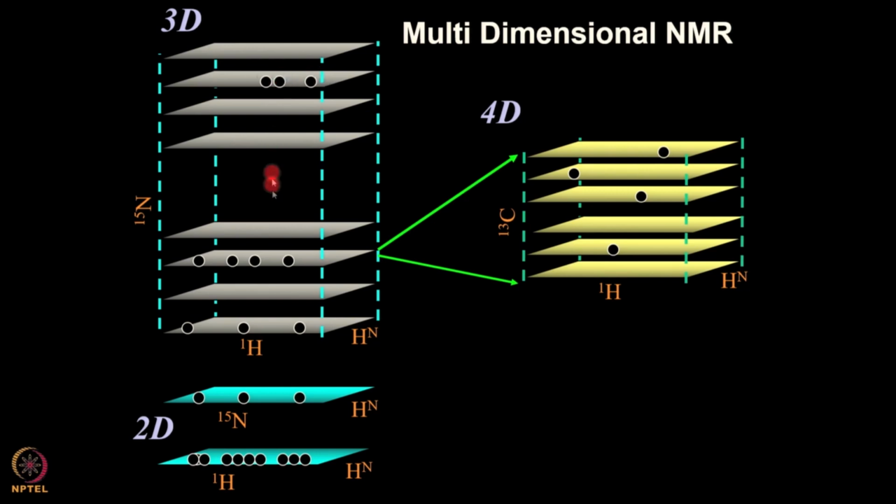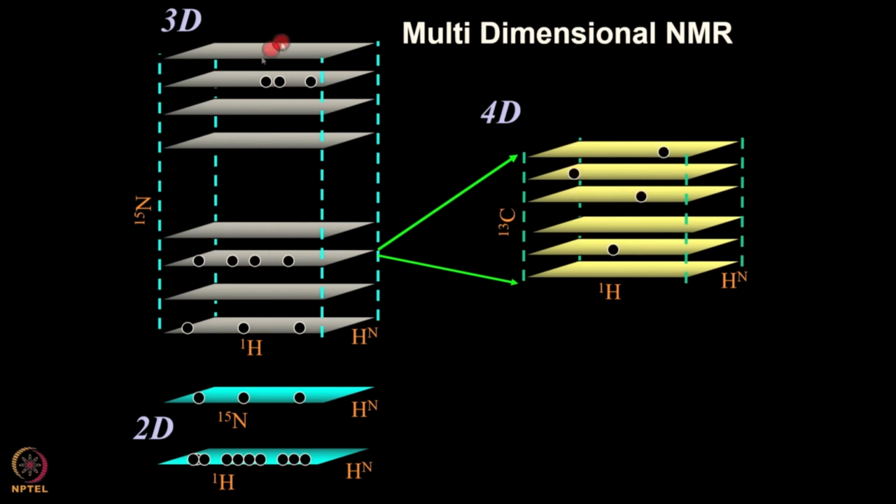Now if there is any further ambiguity, you can also use carbon chemical shift. Then you go to the 4D. We will not go into that detail here. You can use the carbon chemical shift to separate these out further, so each plane is now separated into multiple planes having different carbon chemical shifts. This becomes a 4D experiment.